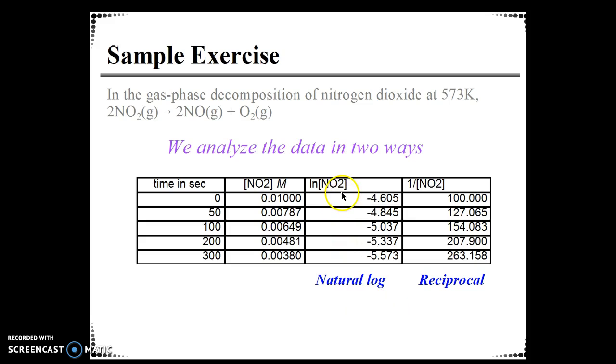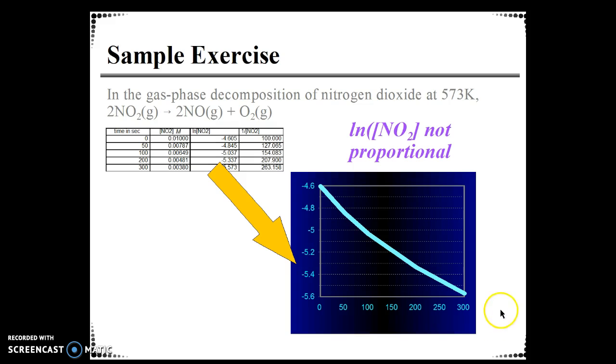We take the natural log of the nitrogen dioxide concentration, or the reciprocal of the nitrogen dioxide concentration. As you can see, the graph of the natural log, which for a first order reaction is a straight line, is not a straight line. It's a curve.